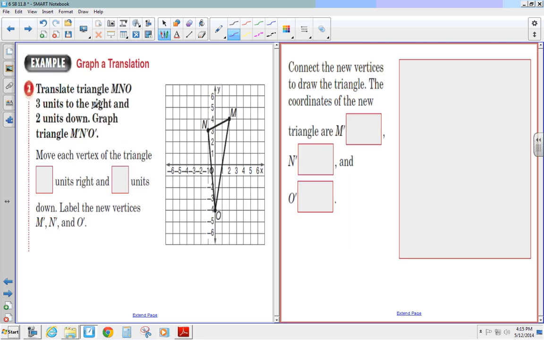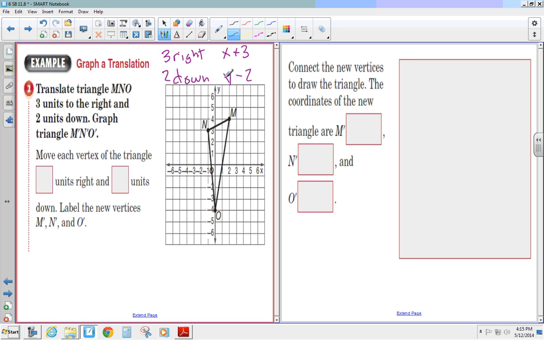All right, translation now, MNO, 3 units to the right and 2 units down. So I need you to think 3 right, that means adding 3 to the x. 2 down means subtracting 2 from the y.